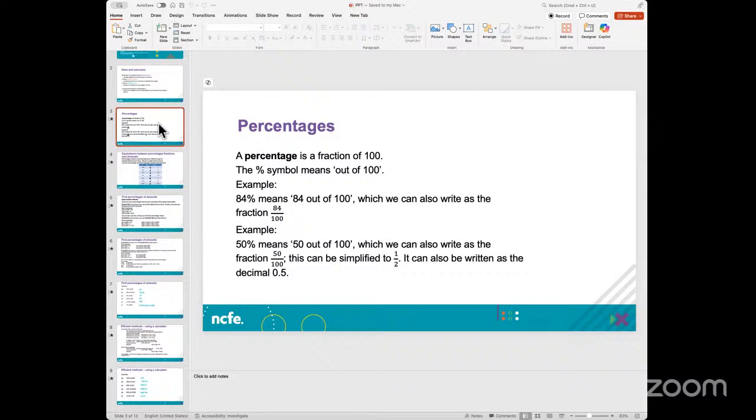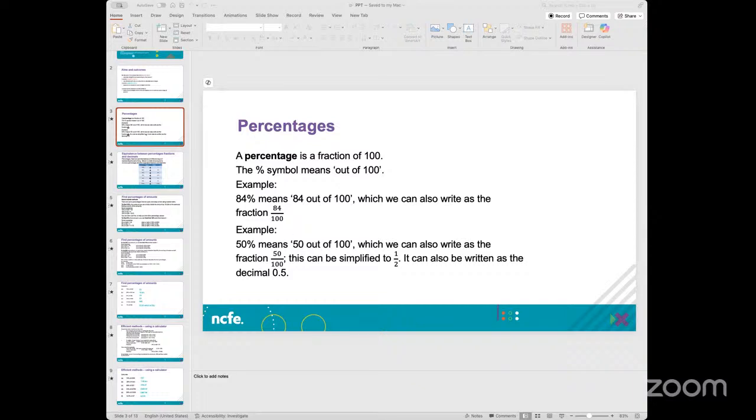Now, when we do talk about percentages, we are basically talking about a percentage as a fraction of 100. Because when we talk about 100%, or 1% or 2%, you're essentially talking in percentages. And when we do talk in percentages, we use one symbol in particular, called the percentage symbol. You get a clue that somebody is talking in percentages when you see that they have used a percentage sign.